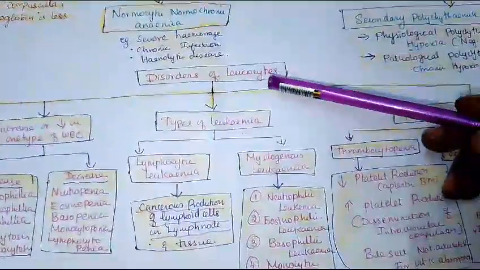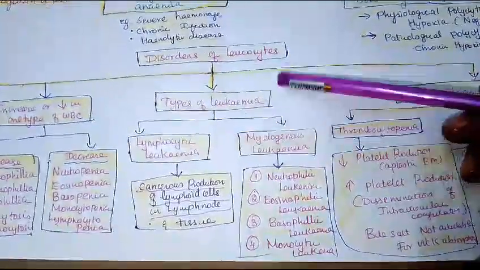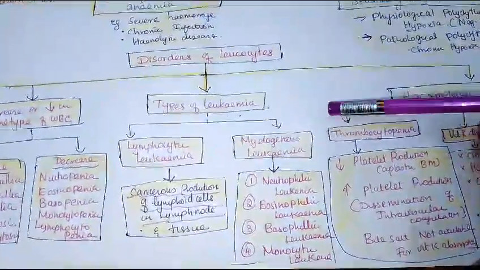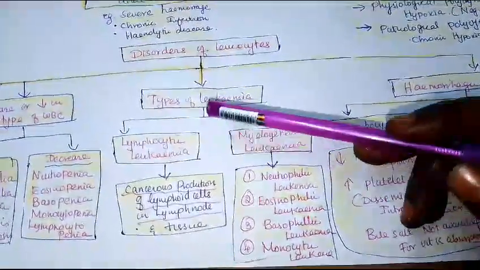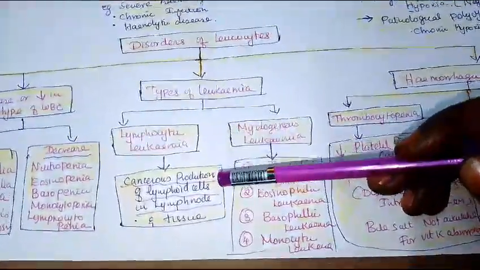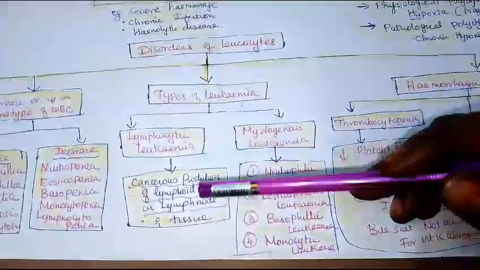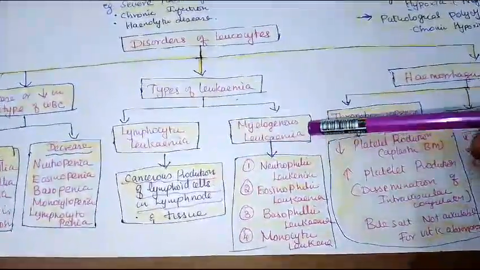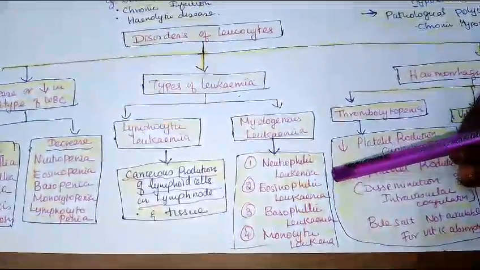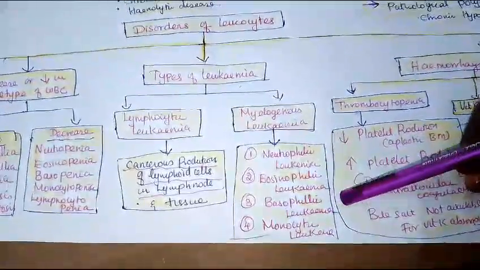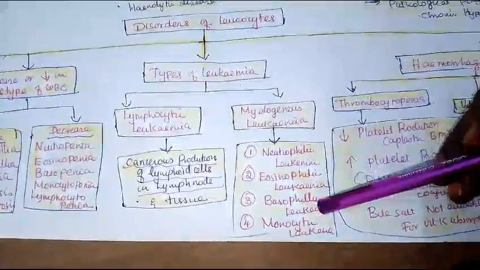And also about the types of leukemia, lymphocytic leukemia and myelogenous leukemia. Lymphocytic leukemia is mainly cancerous products like lymphoid cells affecting the tissues. Then myelogenous leukemia includes neutrophilic leukemia, eosinophilic leukemia, basophilic leukemia, and monocytic leukemia.